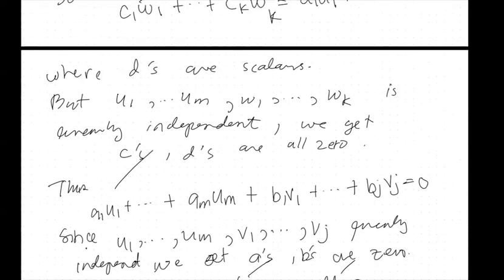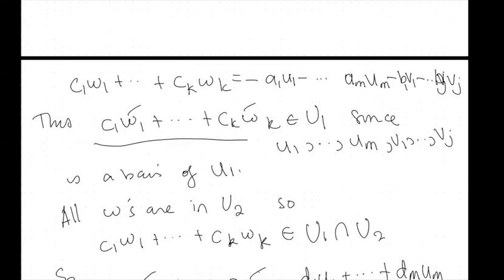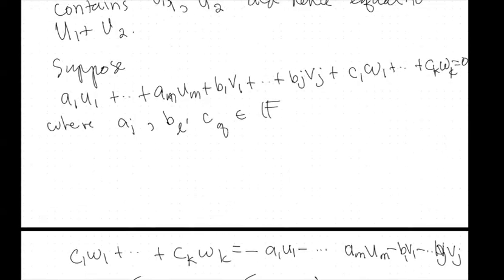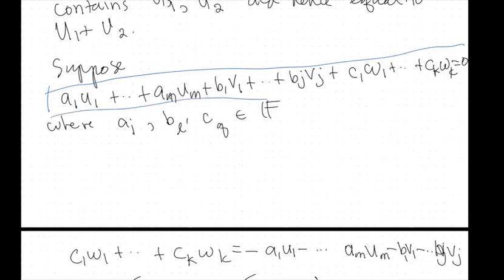And what does that mean? That means that this long equation, let me highlight it in blue, is linearly independent. And look at this, this is the dimension of U1 plus U2.